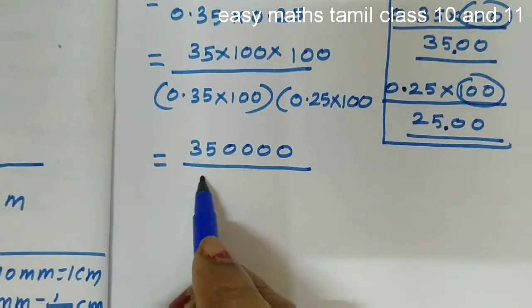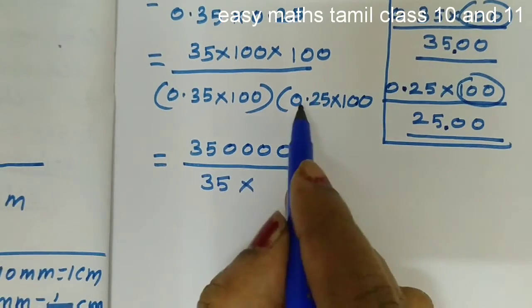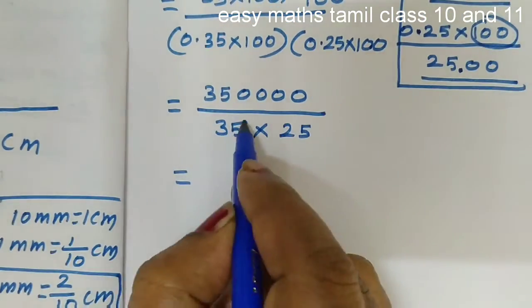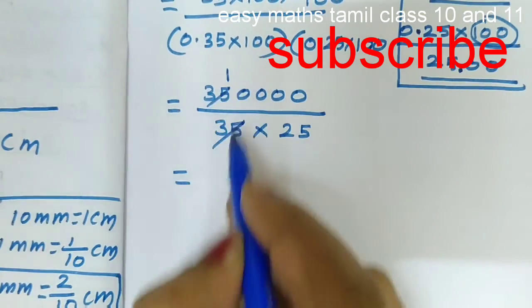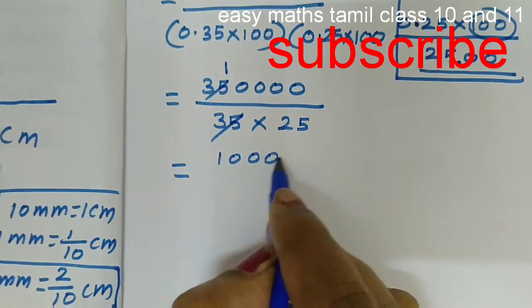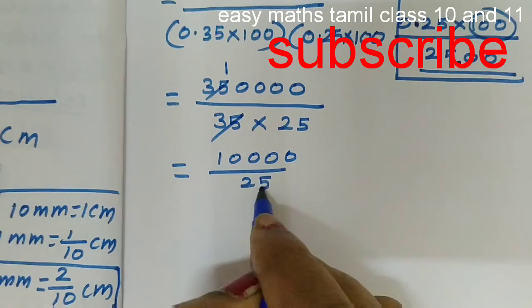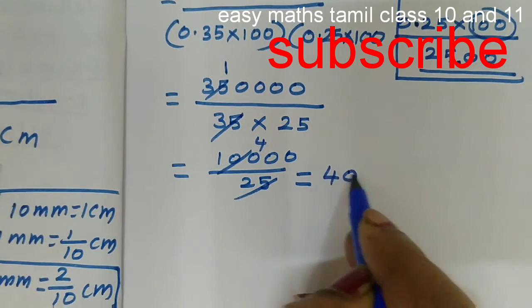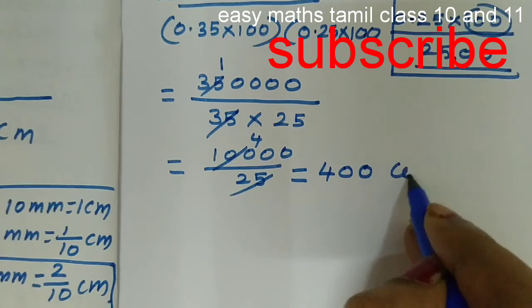35 into 25 divided by 25, 400 coins. Totally there are 400 coins.